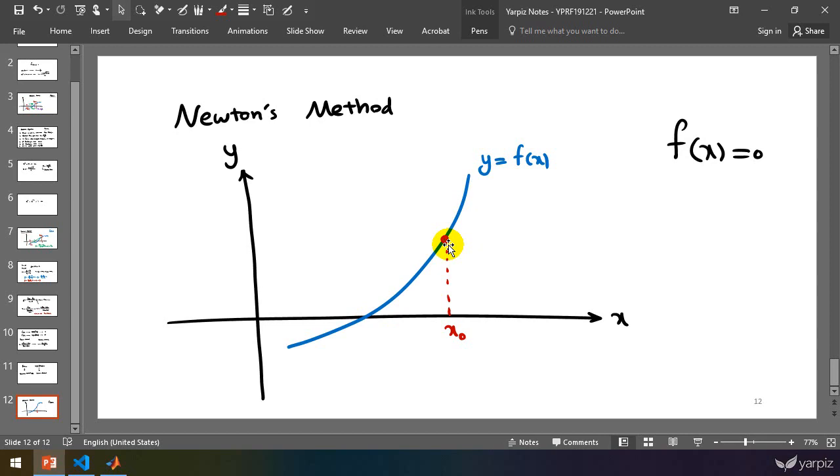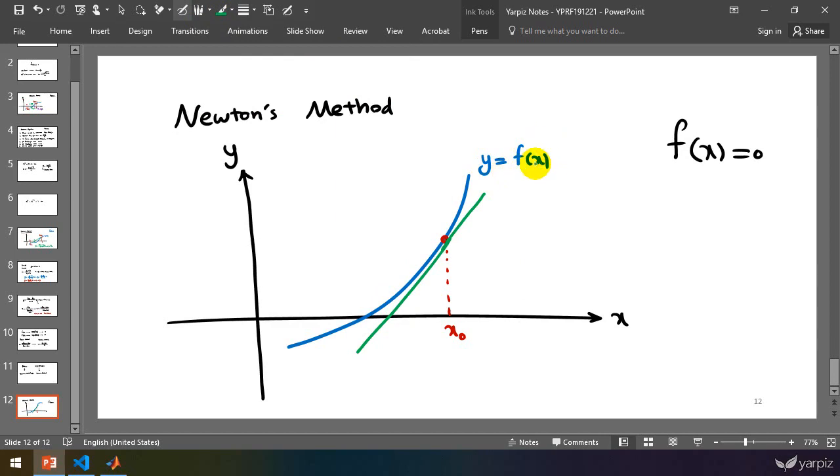We match the 0th order derivative and first order derivative of the line with the function, and we have the tangent line of the function here, and this tangent line has 0th order and first order derivatives equal to the original function.